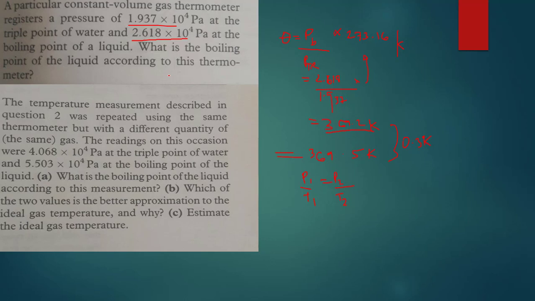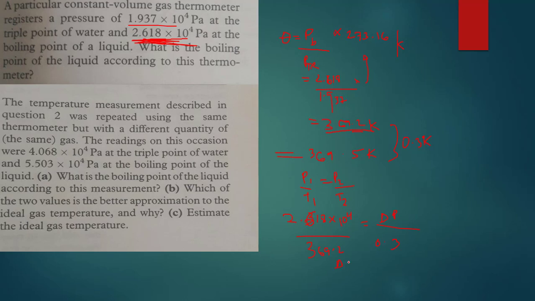So if we have pressure 1, which was the pressure of the conditions that measured the boiling point here, 2.618 times 10 power 4, divided by its temperature, 369.2 Kelvin, is equal to change in pressure over change in temperature, which is 0.3 Kelvin.